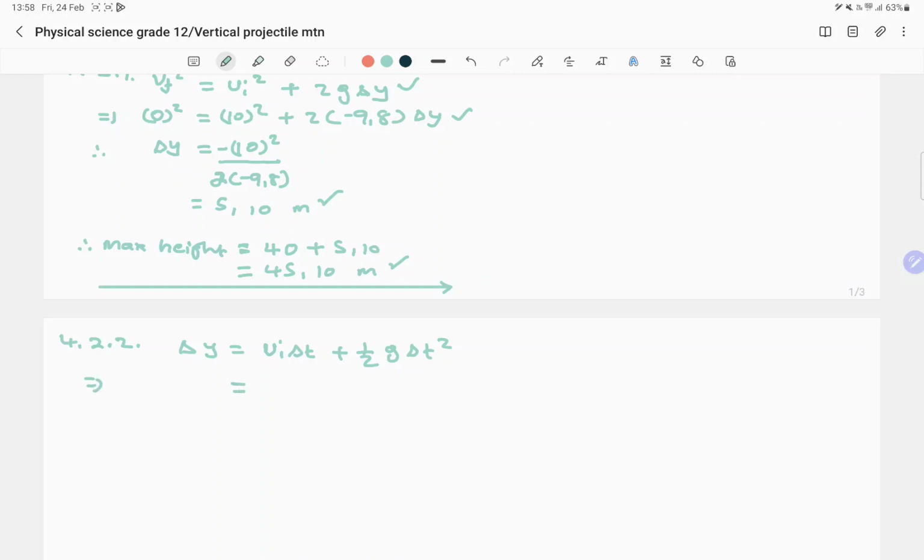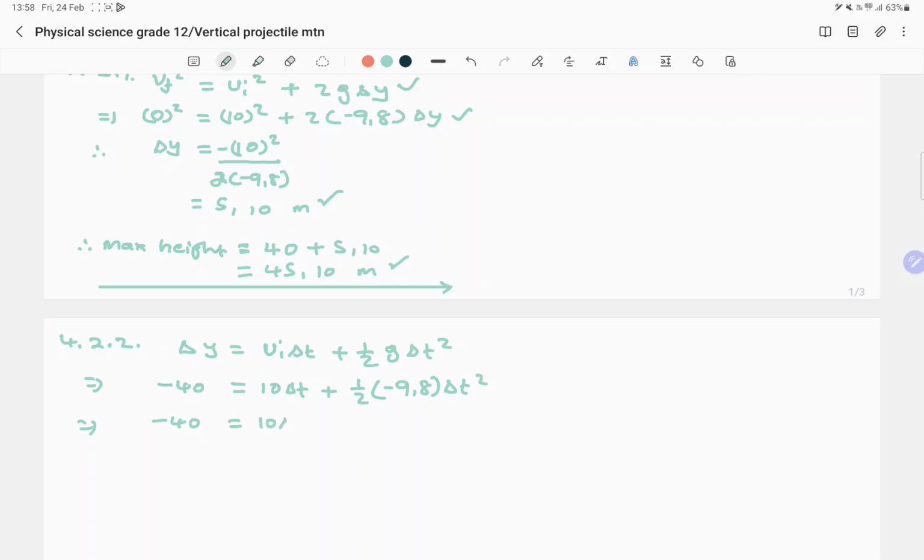But now remember that displacement is the opposite direction, so it's going to be minus 40 equals, here is going to be 10 delta t plus half into minus 9,8 delta t squared.